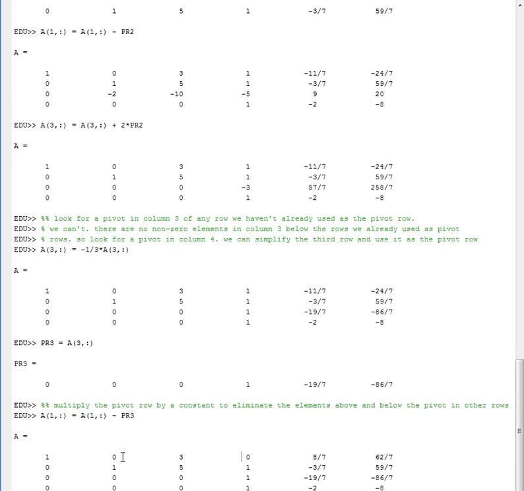The entries to the left of the pivot are not changed at all, and that's very nice because it prevents us from destroying these pivots that we've already set up. So these being zeros here allows us to preserve these pivots when we add multiples of rows together.